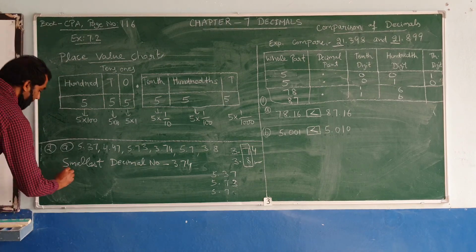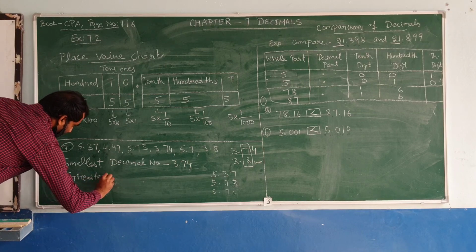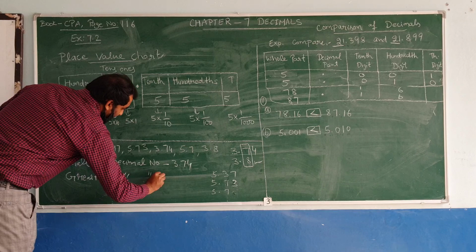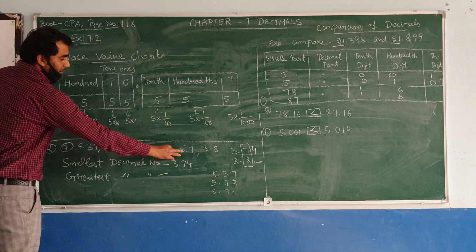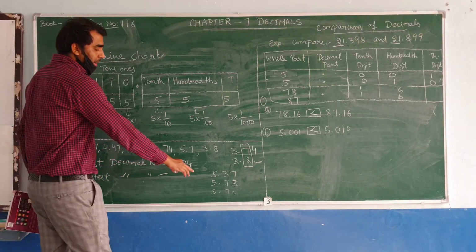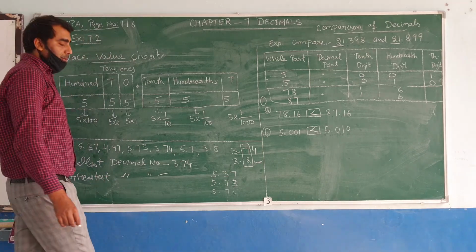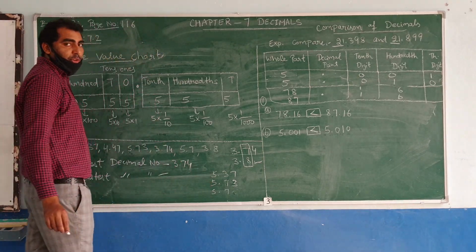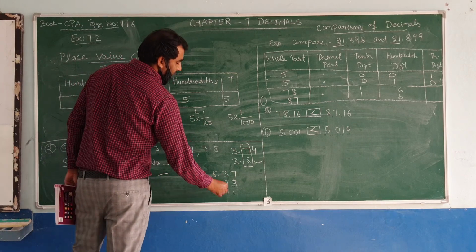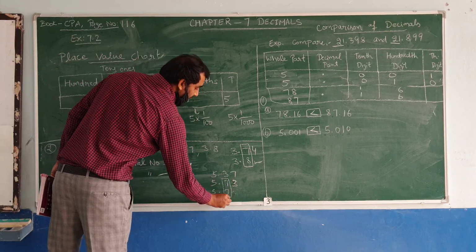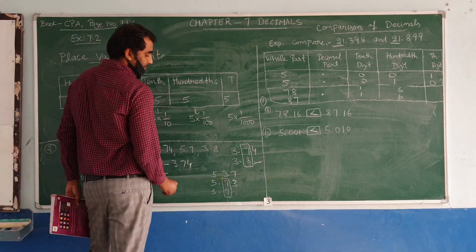Okay. So now the greatest decimal number. Greatest means 5. We will write down here 5.37, 5.73, 5.7. Firstly, we will check the whole numbers are the same, 5. Then after the point, here is 3, here is 7, here is 7. We will cancel this.